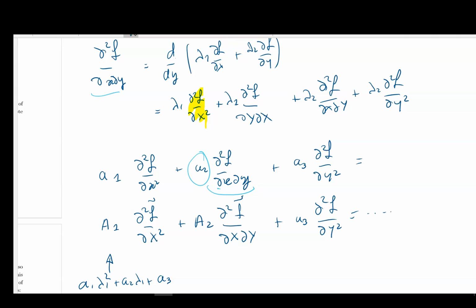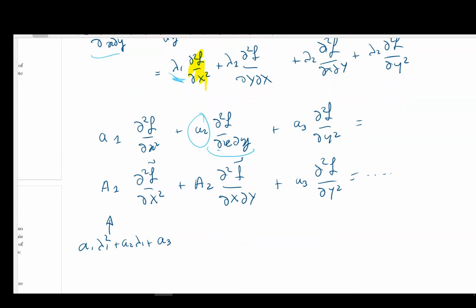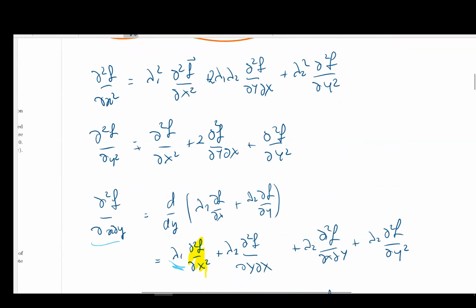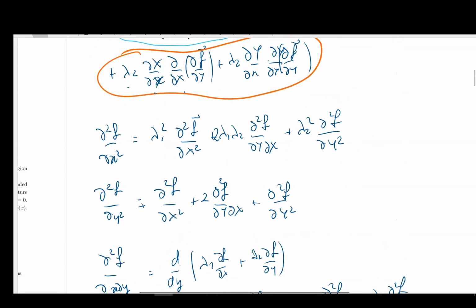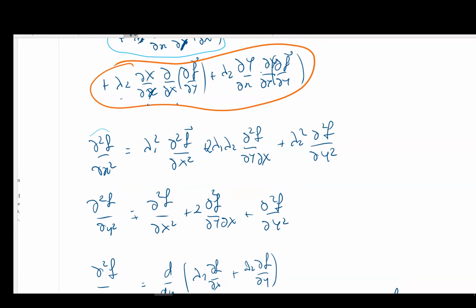Cross derivative, I've got an A2. The d2f over dx square comes with a lambda 1, so A2 times lambda 1, right? That's this one. The other terms are going to come from what we obtained for this term, df tilde over d capital X square.